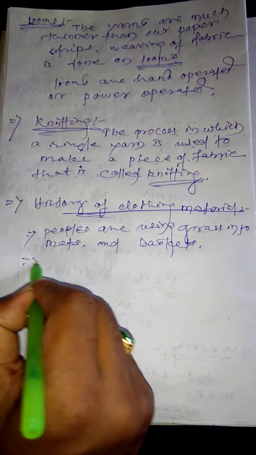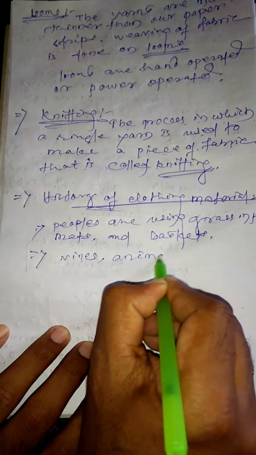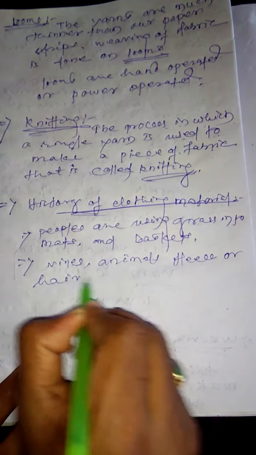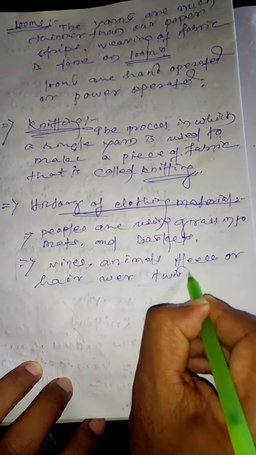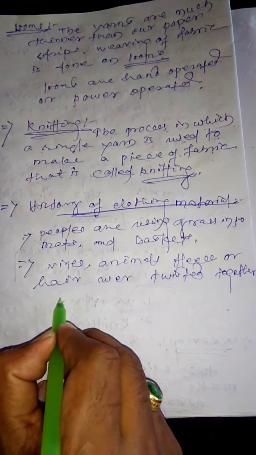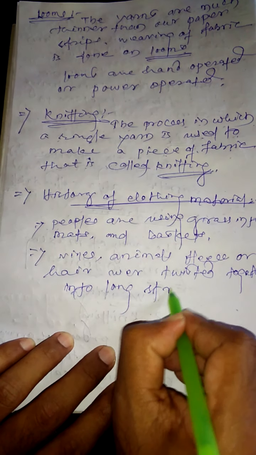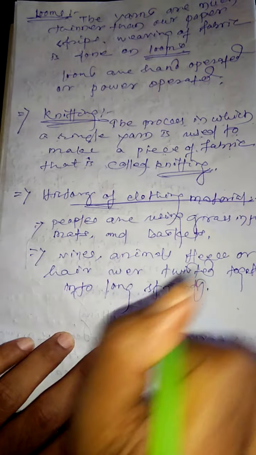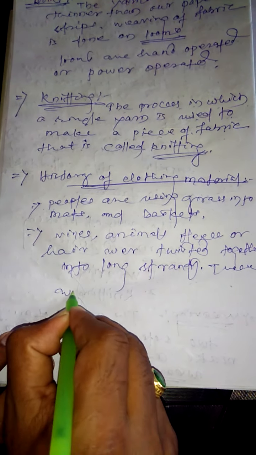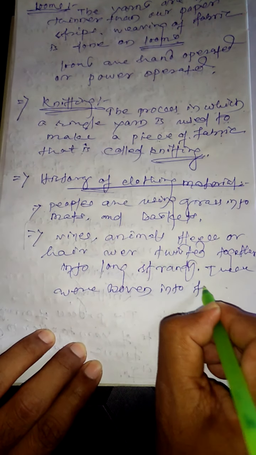Another: vines, animal fleece or hair were twisted together into long strands. These were woven into fabrics.